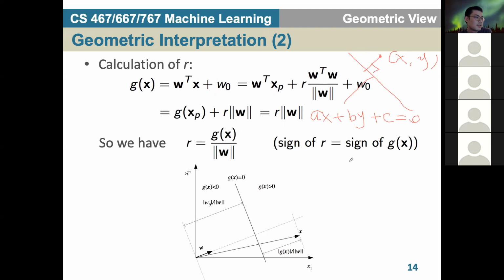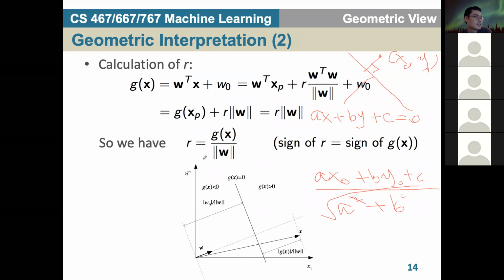Who can tell me? a x0 plus b y0 plus c, divided by the square root of a squared plus b squared. Yes, good.